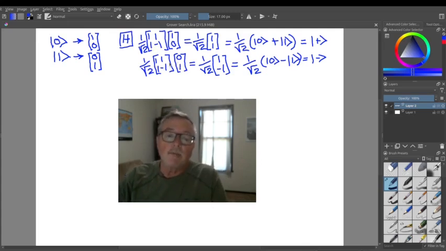If you remember back to what I said, we're going to be feeding the oracle with superpositions. So we have to create those superpositions. 1 over square root of 2, 1, 1 is the result. Now how do we get that? Well, you take the row times the column. So 1 times 1 is 1, 1 times 0 is 0, that gives us a 1. You take this one, 1 times 1 is 1, negative 1 times 0, that gives us a 1 there.